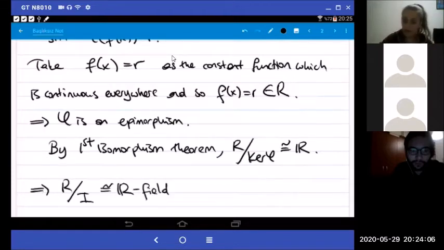Now I'm applying the theorem. Since this quotient is isomorphic to a field, it means that this quotient is a field, which means that I is maximal.